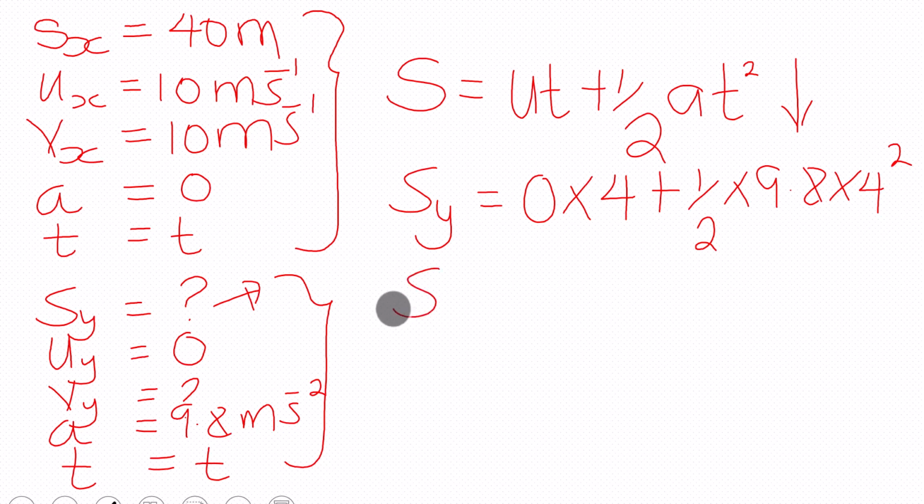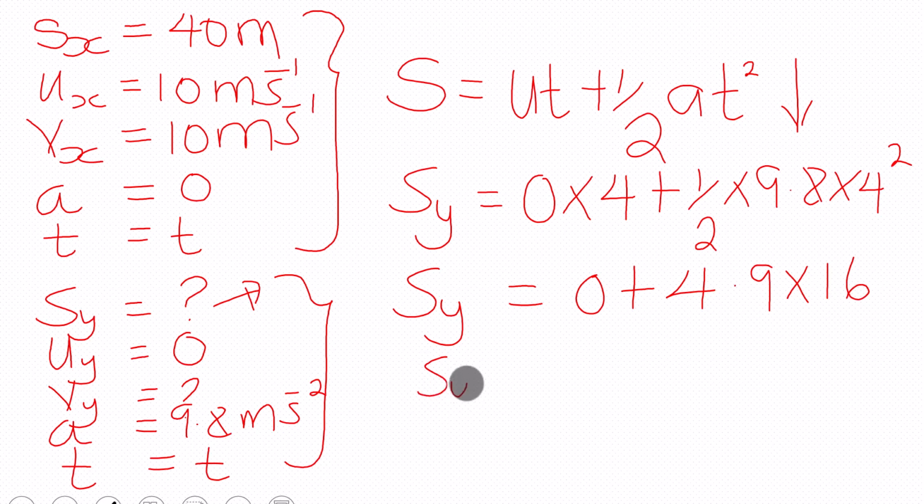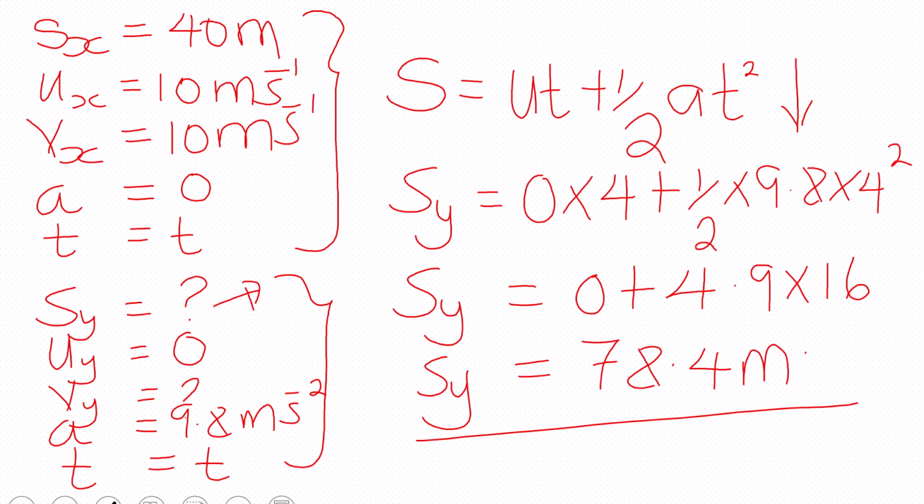So here we shall have sy equal to 0 plus 9.8 divided by 2, you'll get 4.9, then times 16. And finally, you will have your vertical displacement as 78.4 meters. Full stop. As simple as that.